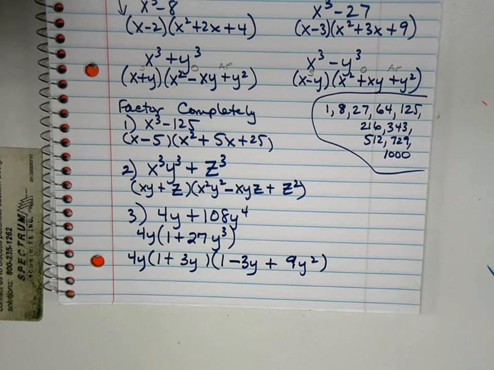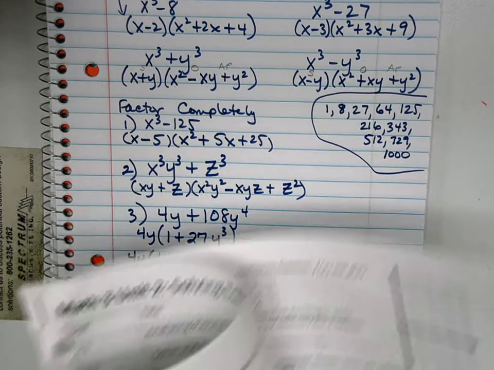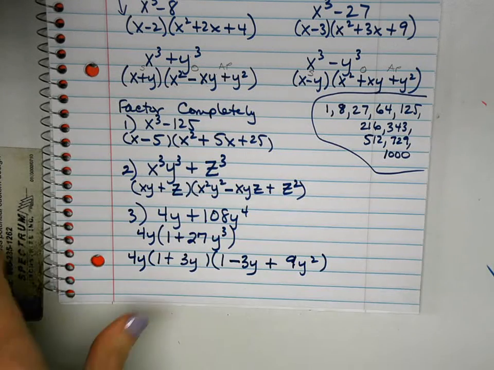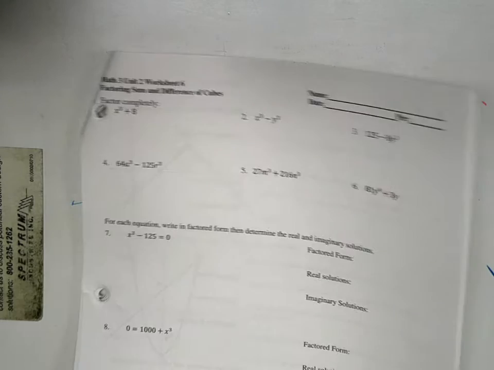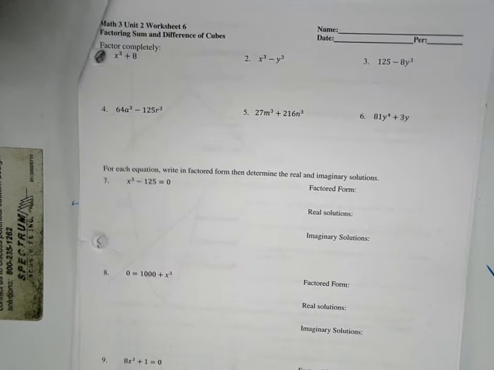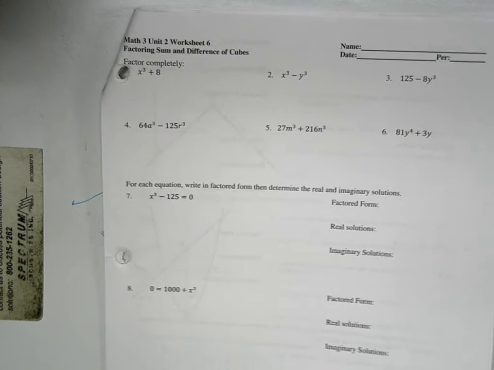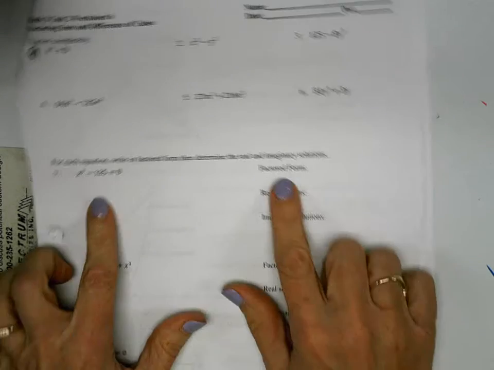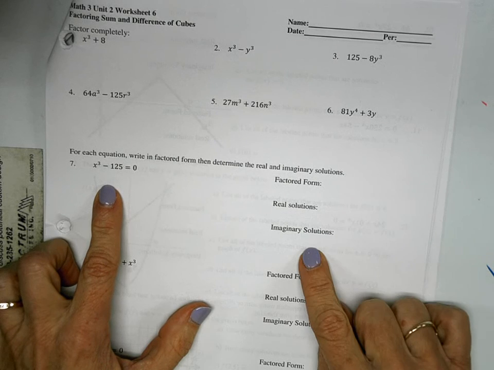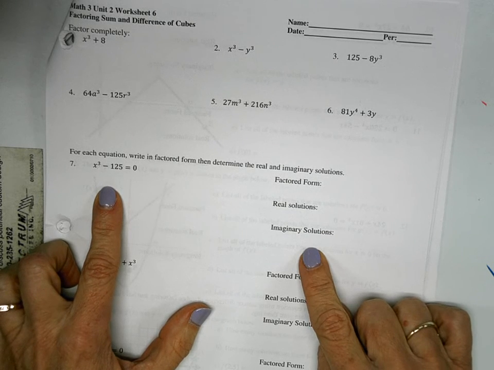We're not going to do the whole thing. Good news. For right now, we'll have to finish the rest of 2.6 on Friday. But you're going to do 1 through 6 just like we've done. For the rest of them, for 7 through 12, all I want you to do is come up with the factored form here. We're going to learn how to do the solutions on Friday, because I want to be able to do something else today, okay?